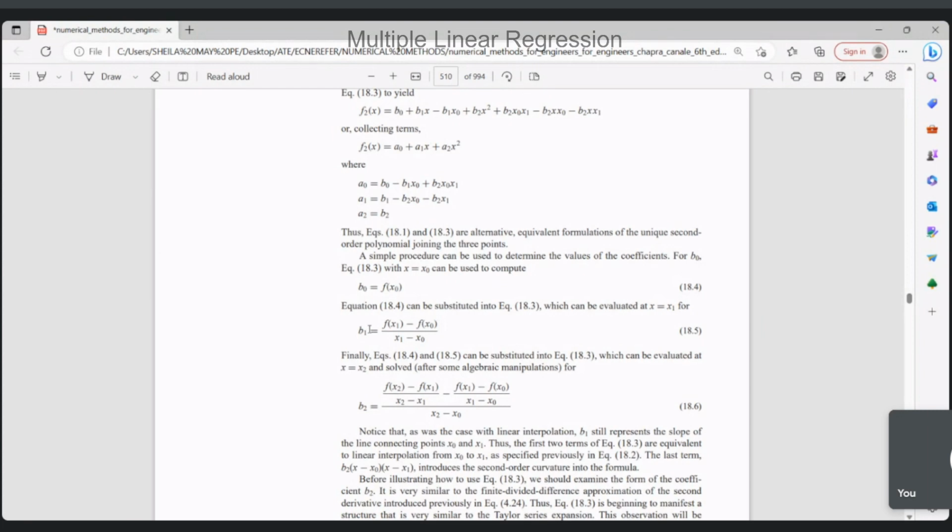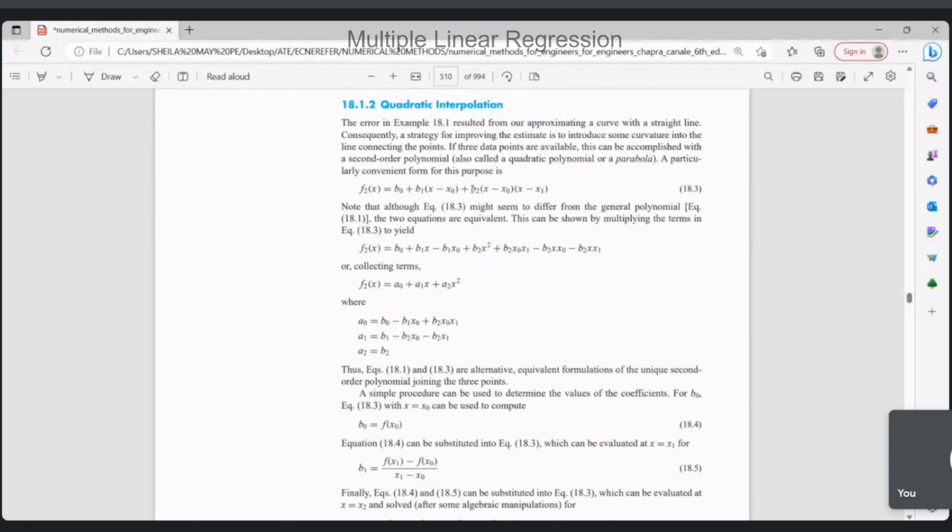And B1 still represents the slope of the line connecting points x0 and x1. The last term, B2 times x minus x0 times x minus x1, introduces the second order curve into the formula. This one.